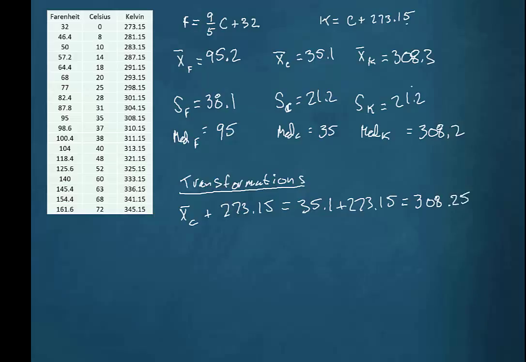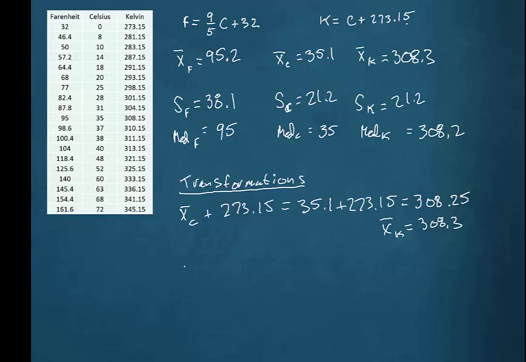Now we see that that is very close to the mean for Kelvin. The mean for Kelvin was 308.3, but we can explain that difference by the rounding that we performed. Here we're rounded to 2 decimal places, but when we reported our mean, we rounded to 1.